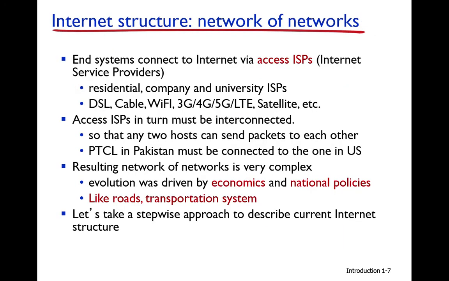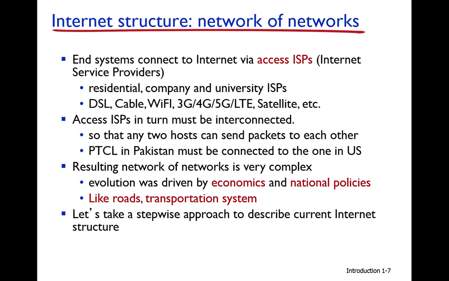Basically, if you look at the internet, we have end systems, and the end systems are connected to the internet via access ISPs. We have discussed different access network technologies like DSL, cable, Wi-Fi, 3G, 4G, etc. For example, we discussed that PTCL is providing DSL connectivity in Pakistan. These access ISPs must be connected with each other.